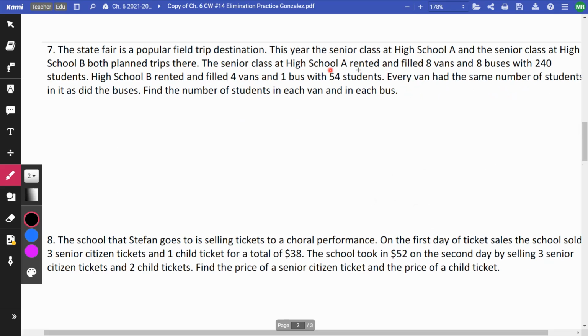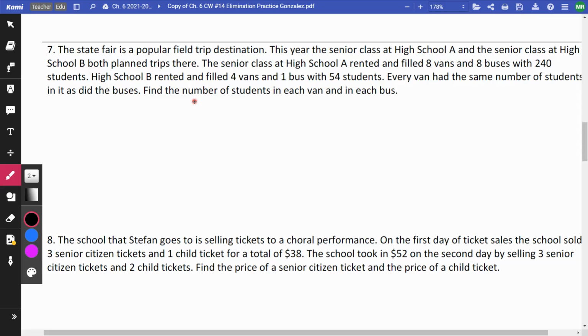The senior class at high school A rented and filled 8 vans and 8 buses with 240 students. The high school B rented and filled 4 vans, 1 bus with 54 students. Every van had the same number of students in it as did the buses. Find the number of students in each van and in each bus.